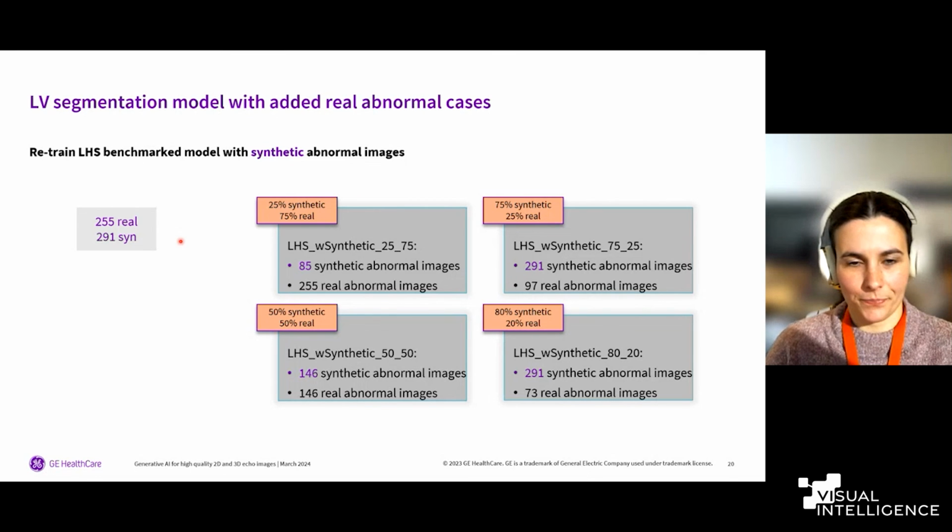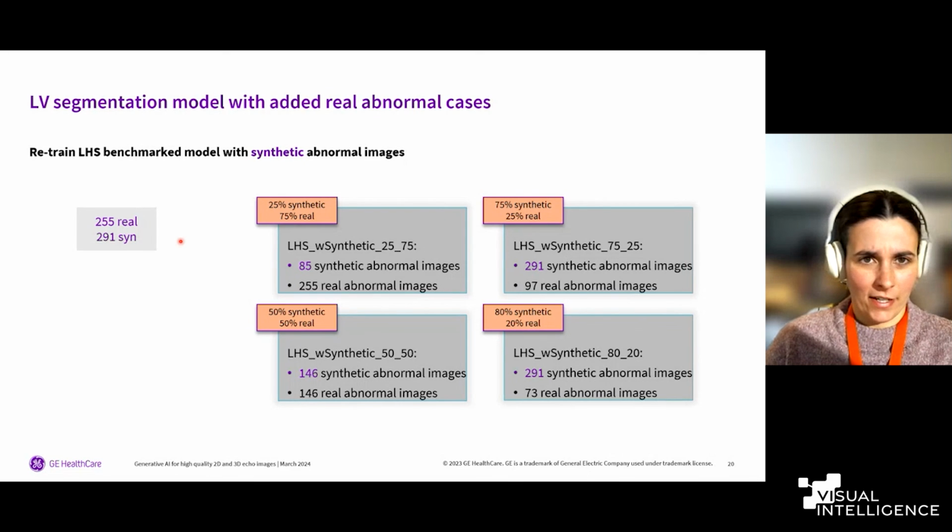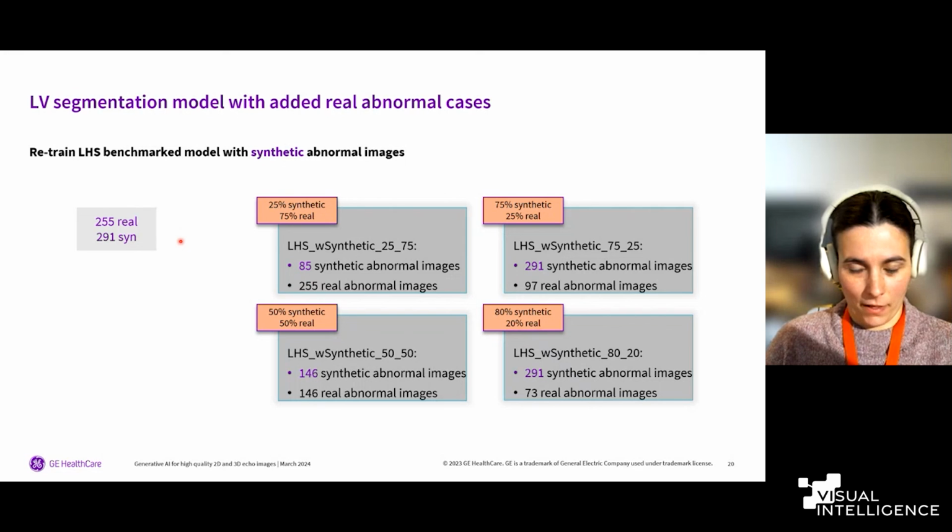It's a work in progress, so I don't have much to show right now, but we have high hopes that this is going to improve the segmentation. As I showed in the beginning of the presentation, adding synthetic data to the training data sets improves the final segmentation.